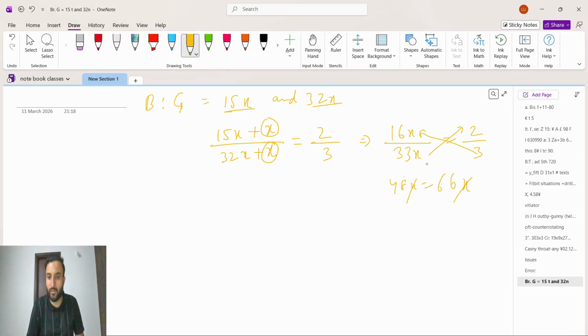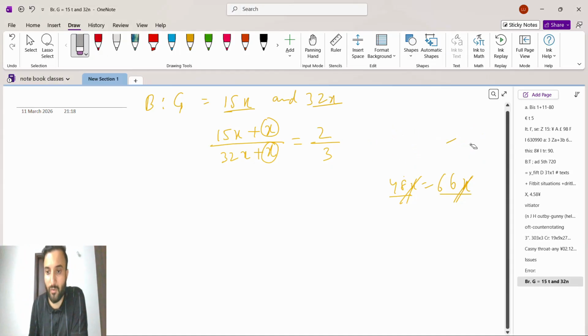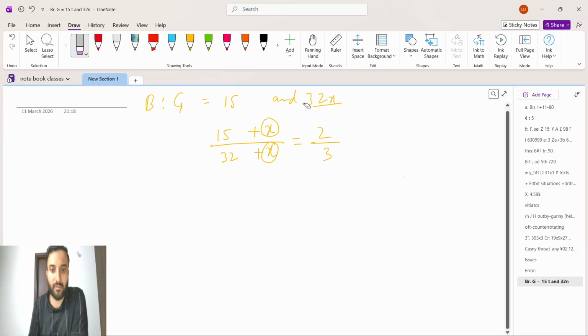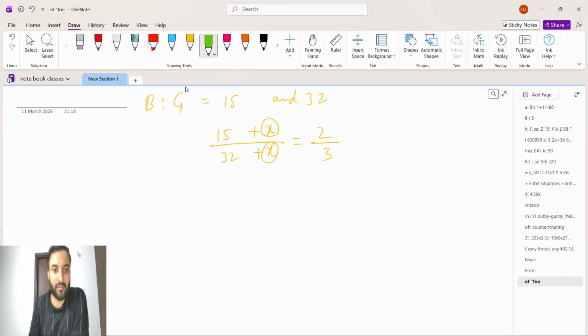If you do this, you will see 48x is equal to 66x, x will get cancelled, so we are not going to get the value. This means we have to do a simple thing: we will not consider this as x. We will take it as boys is to girls, means 15 is to 32.